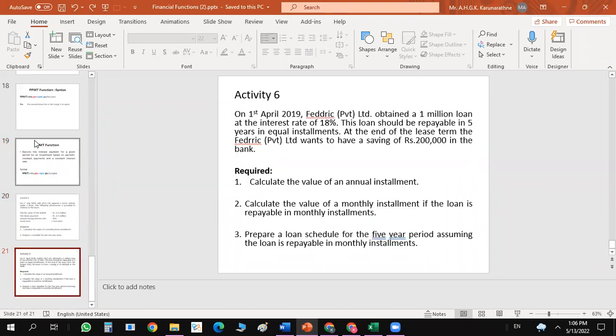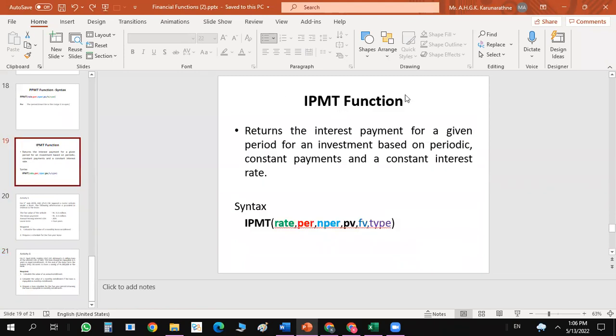The illustration is like this. Interest payment function. IPMT means interest payment. Here, syntax: rate, interest rate. PER means the corresponding period for the interest computation. Because interest payments change period to period. Period 1 interest differs from period 2 interest.